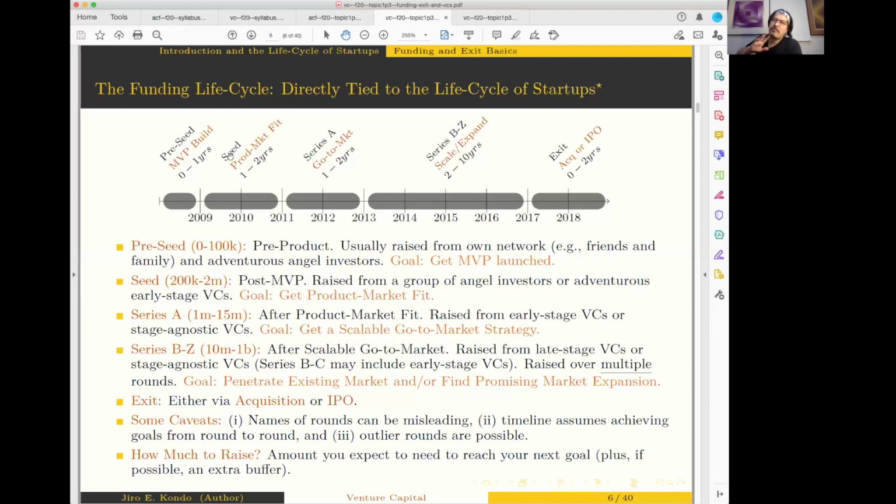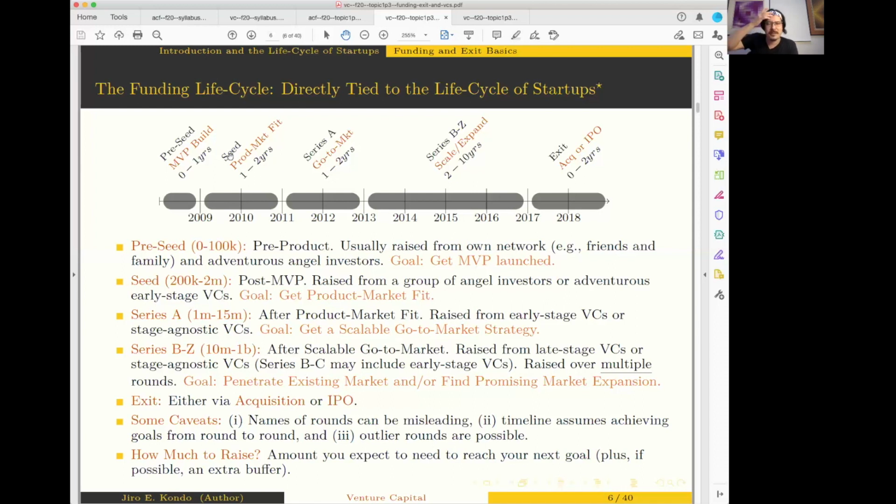And the goal of the seed round, most typically, is to reach product market fit. So typically you budget 1 to 2 years for that, and you raise a little bit of a premium above that, as I said. That idea that you raise 50% more is a pretty uniform bit of advice given for all the early rounds.